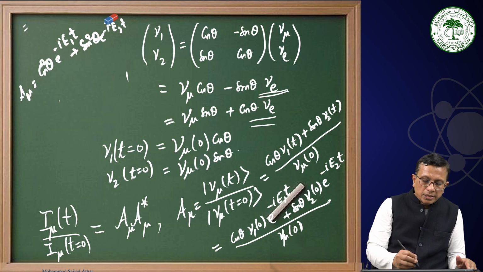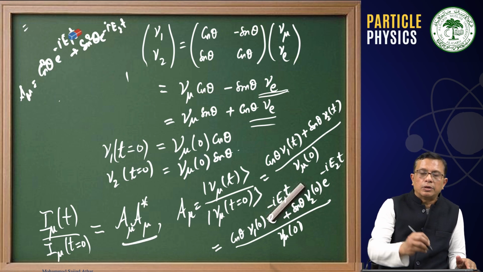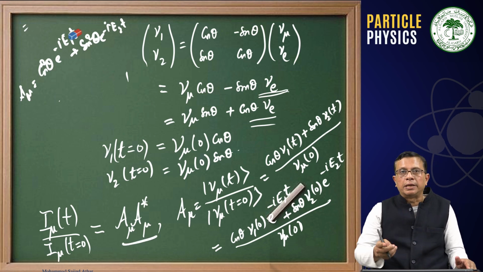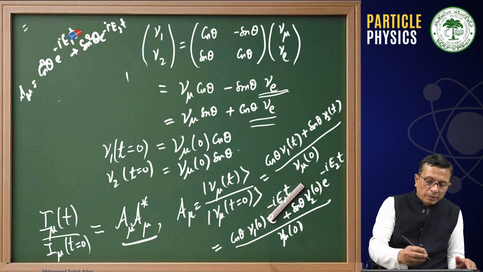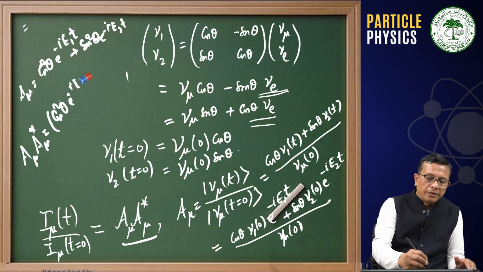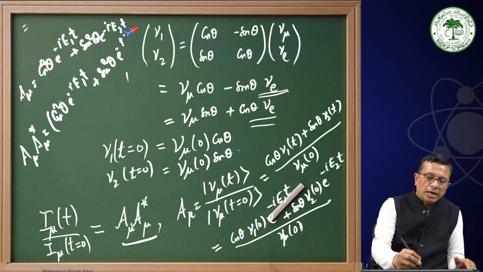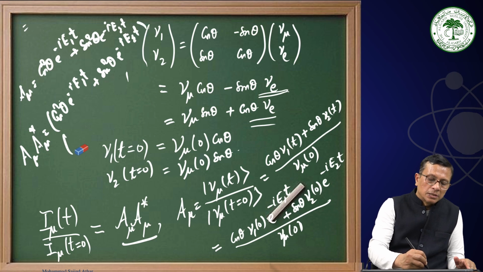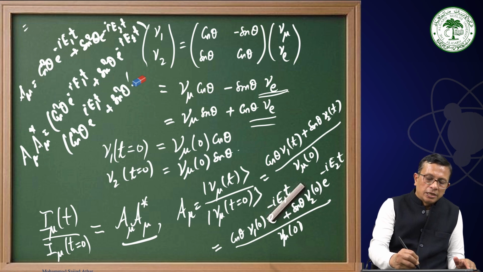What will then be A mu star? Simply we will replace minus i by plus i. Therefore, A mu star will be cosine squared theta e to the power plus i e1 t plus sine squared theta e to the power plus i e2 t, and the product of A mu and A mu star gives the intensity.